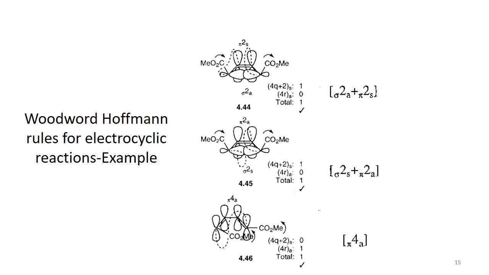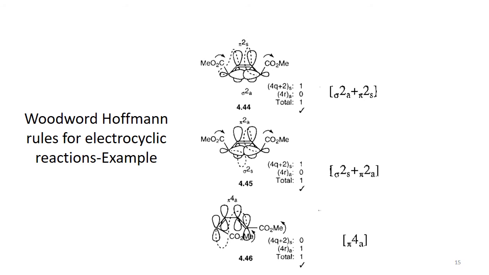Okay, when we talk about cyclobutene, in case we want to consider whether this one is allowed thermally or not, what do we do? We consider this molecule as the interaction of two independent moieties. We divide this compound into two halves: one is the carbon-carbon double bond, and the other is the carbon-carbon single bond.